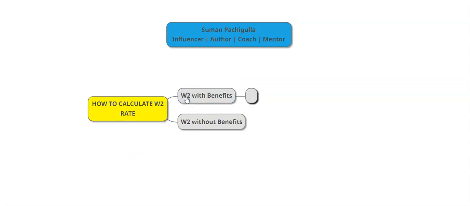For example, if your candidate is making $100 per hour, you close the person at $100 per hour, and the candidate is paying, let's say, $2,000 per month as premium because he opted for health insurance, dental, and 401k pension plan.